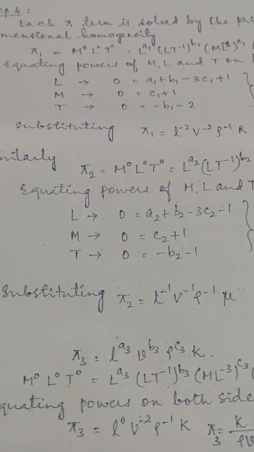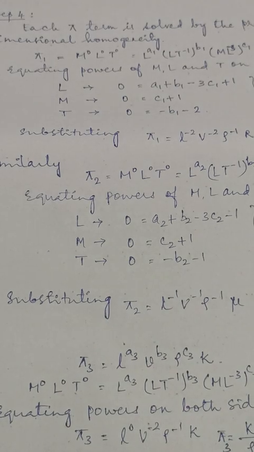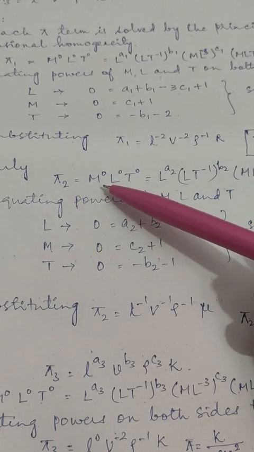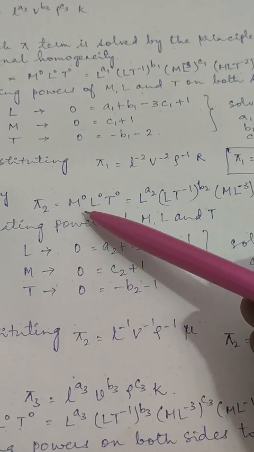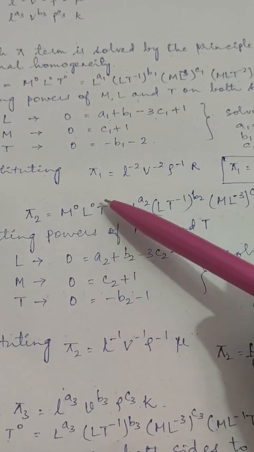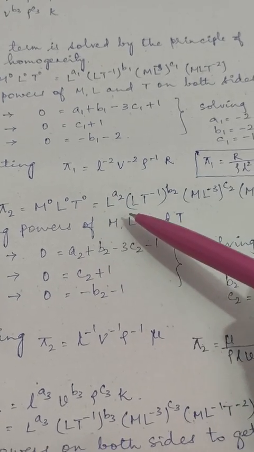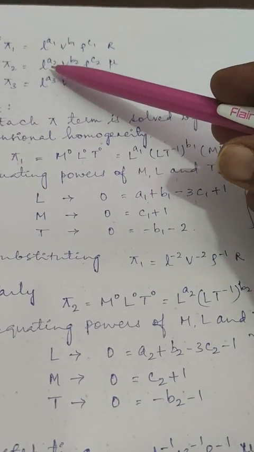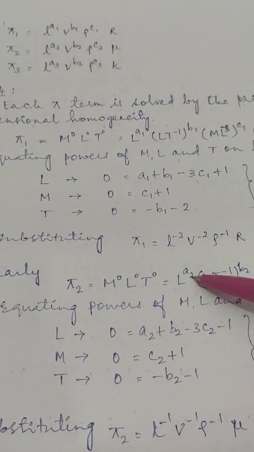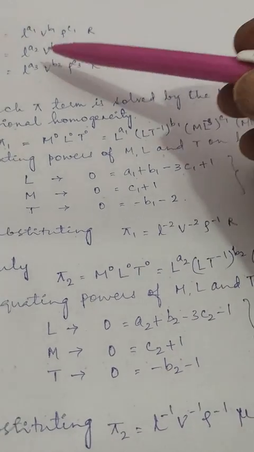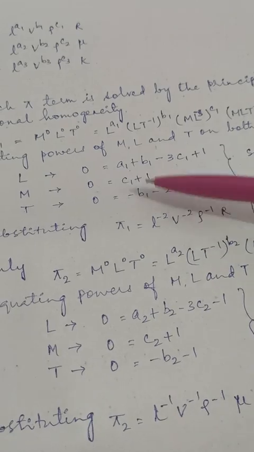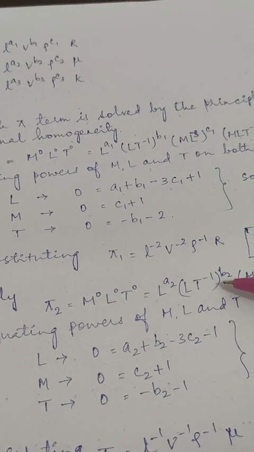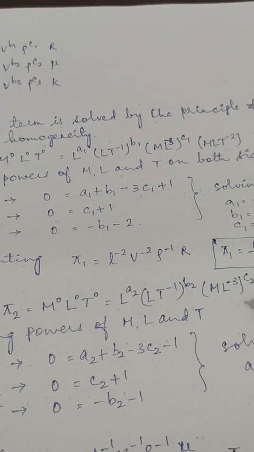Okay. Similarly, if you go to the pi 2 term, I don't have any fundamental quantities on the left hand side, so m to the power of 0, L to the power of 0, t to the power of 0 is equal to L to the power of A2. L I am writing as it is, A2, and V velocity, the same as in the pi 1 term, so that is L t to the power of minus 1 to the power of B2.